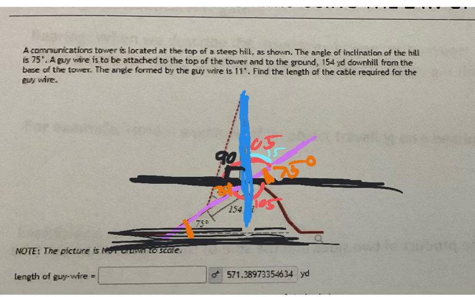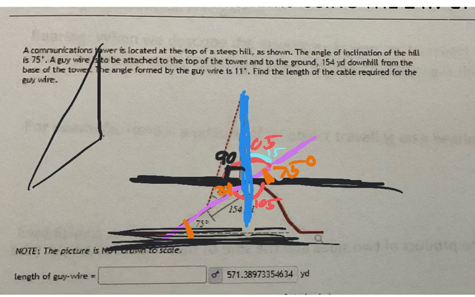All right, is everybody on board with me? What really matters is the guy wire triangle. I'm really looking for, I don't know why I drew a right angle there. We have a right angle on the guy wire triangle?